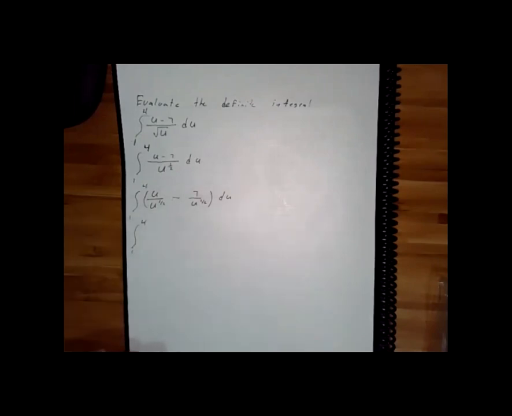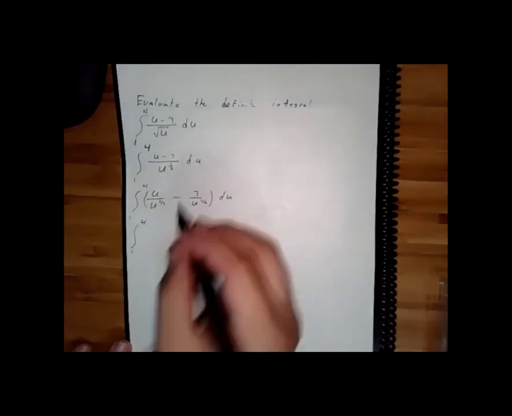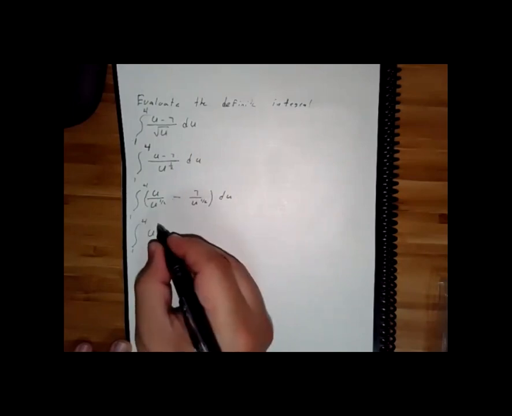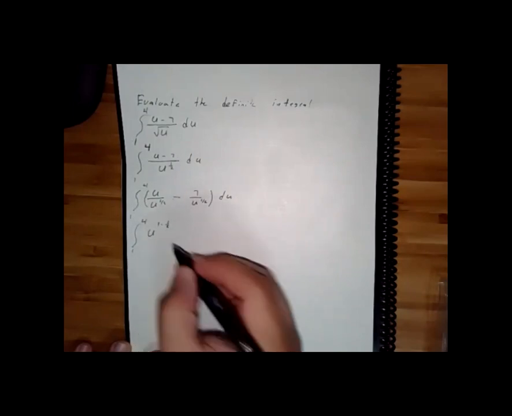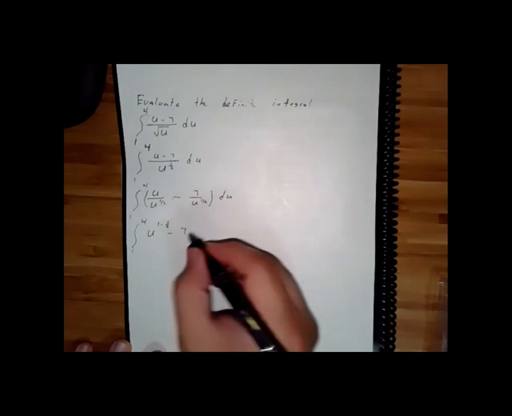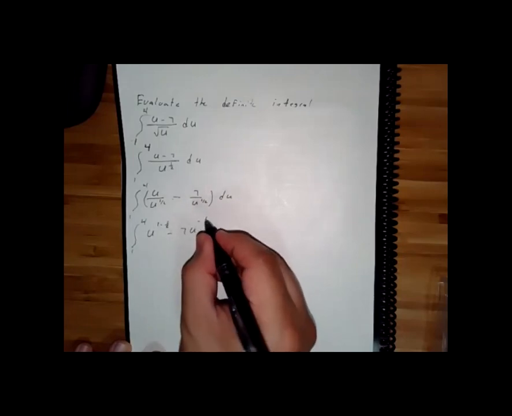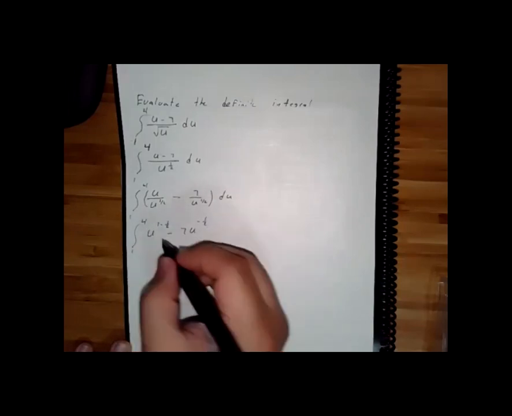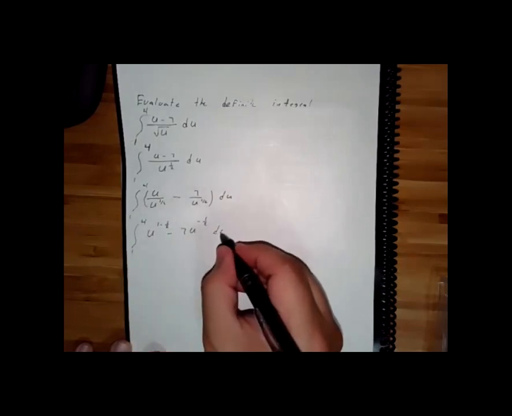Okay, so we should know how to divide these, right? That'll be u to the 1 minus 1/2, minus 7, and I can bring this to the top using my exponent rules. So it's negative 1/2, du.